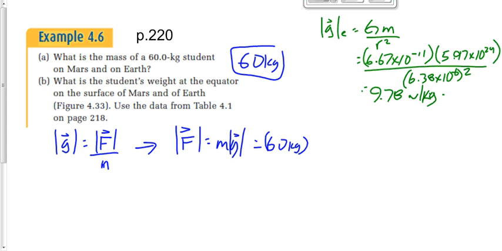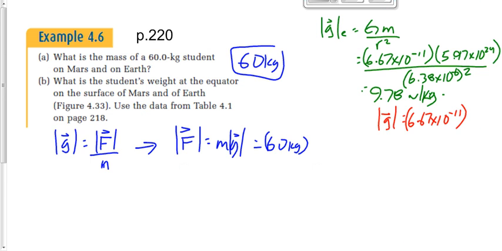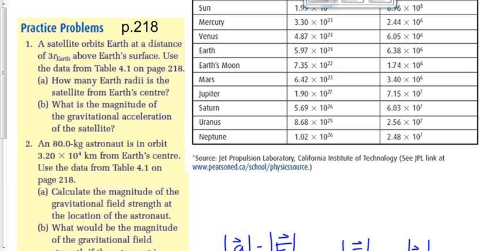Okay, we can do the same thing for the field strength caused by Mars. Multiply that by the mass of Mars, 6.42 times 10 to the 23. Divide it by r squared for Mars, 3.4 times 10 to the 6.